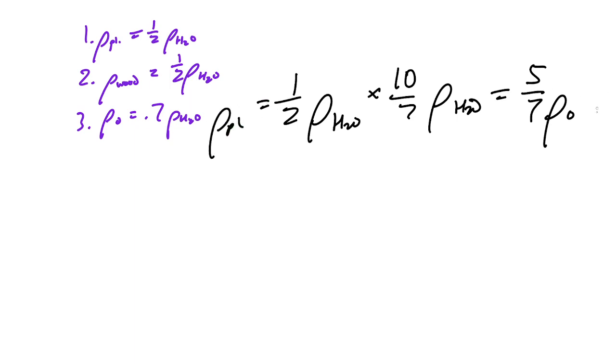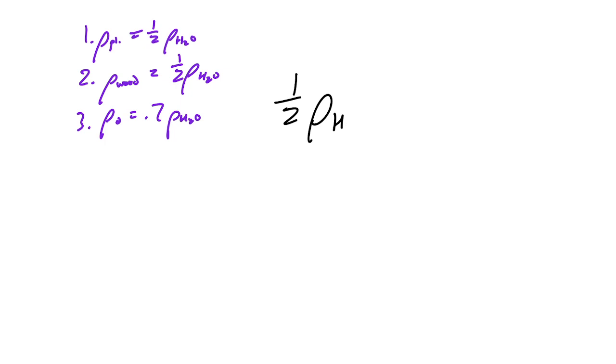So our density of plastic is going to be 5/7 the density of oil. And so we can write that here, which means that our density of plastic is going to be 5/7 that of our density of oil, right?